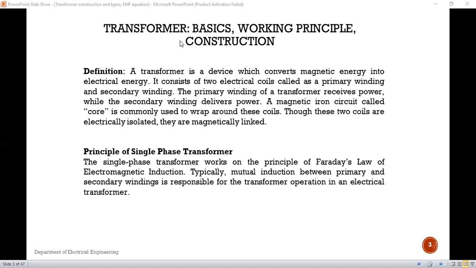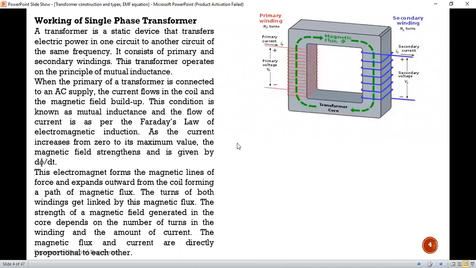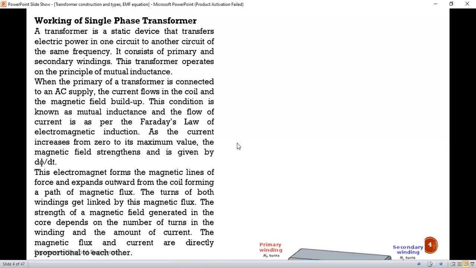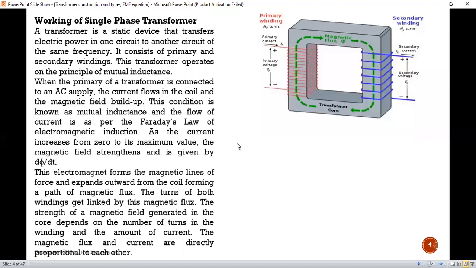Typically, the mutual induction between the primary and secondary winding is responsible for transformer operation in an electrical transformer. And this mutual induction will be responsible for the operation of the electrical transformer.